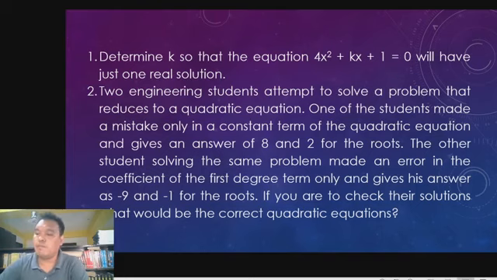Let's say we have number 1, determine k so that the equation 4x squared plus kx plus 1 is equal to 0 will have just one real solution. Okay.